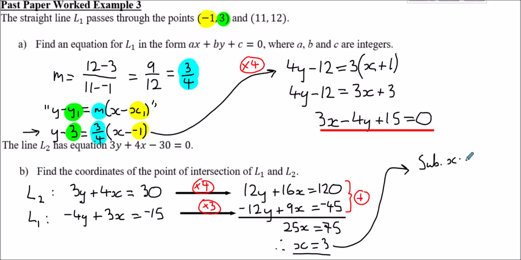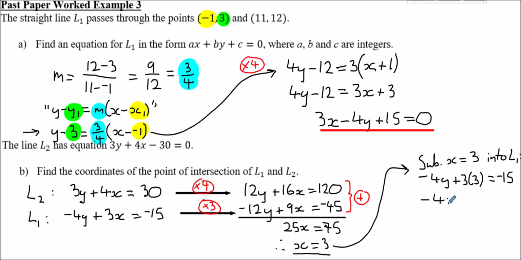What I'm going to suggest we do is we sub in x equals 3 into the equation for L1. Doesn't matter if I picked L1 or L2 actually. So for L1, we get minus 4y plus 3 times x, so 3 times 3, equals minus 15.